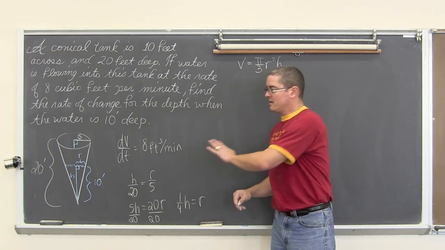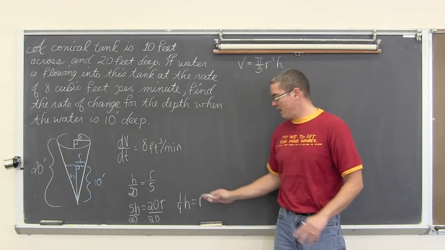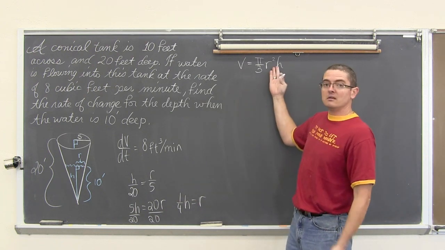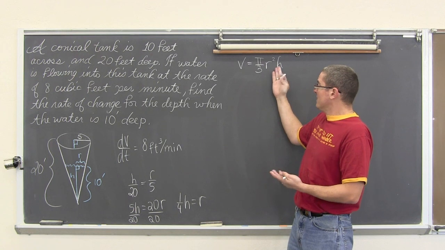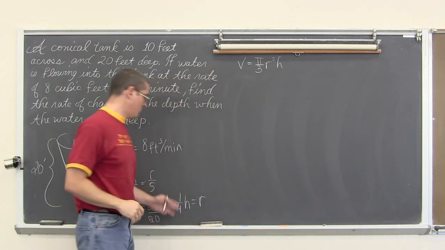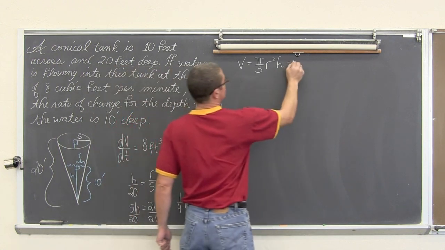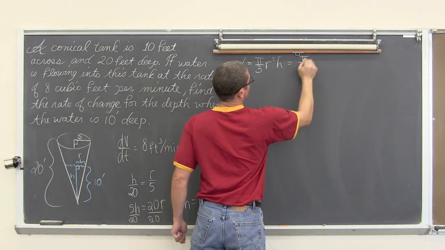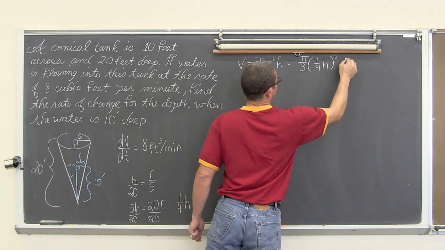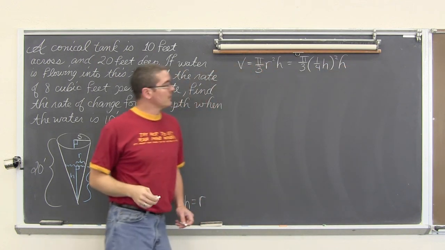See, I don't want to plug in the 10 because I want an equation that relates the radius to the height, because I need to use that in my formula. So the r is going to come out, and in place of r, I'm going to put in 1/4 h. So V is equal to pi over 3 times (1/4 h) squared times h.